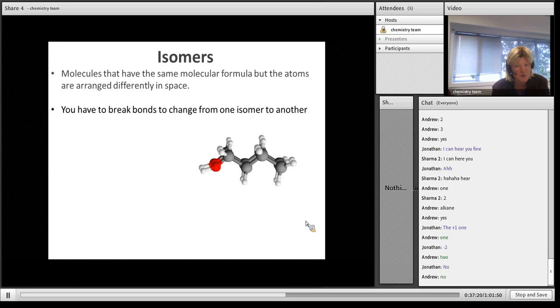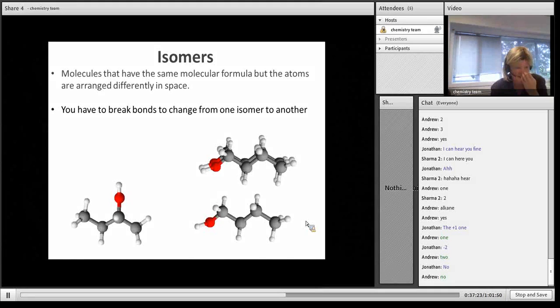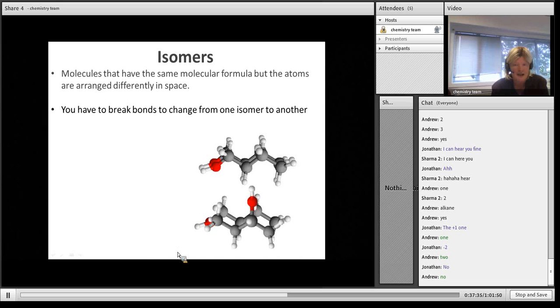Let's do another one. I think you can see that these are isomers because I've got butan-1-ol on the right-hand side, and my OH is not on the first carbon over here. But if I moved it across, again, it doesn't look as though it's superimposing, just like the first time. And if I flip it around, there's no way it'll ever match up.